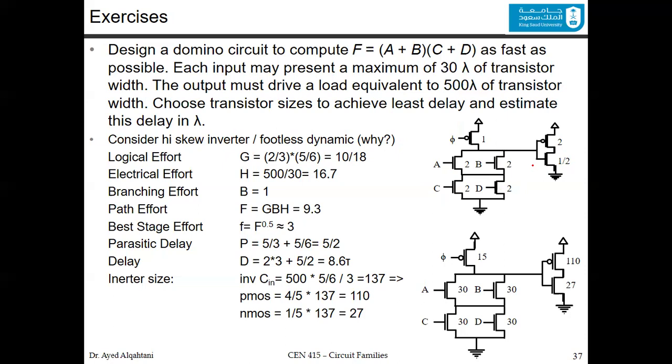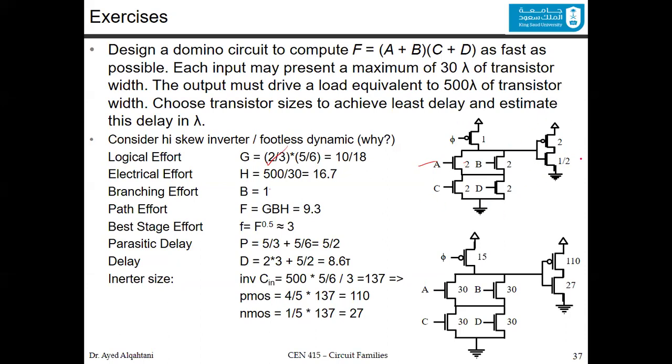There are many methods. One of the easiest is using the logical effort idea. The logical effort idea says that I need to find the logical effort for this one and the logical effort for this one. For one of the inputs, let's say A, it's 2 over 3. So that's the logical effort for the first one.